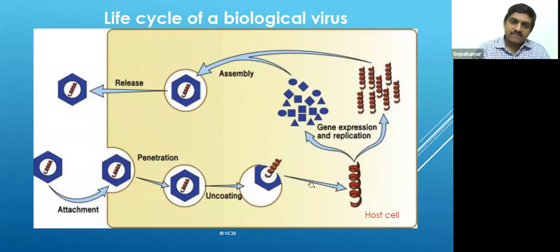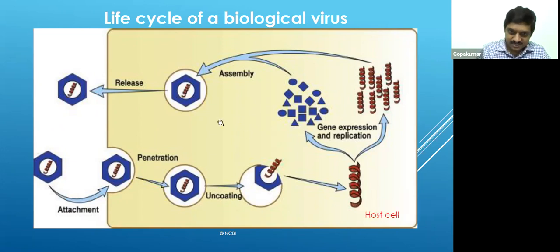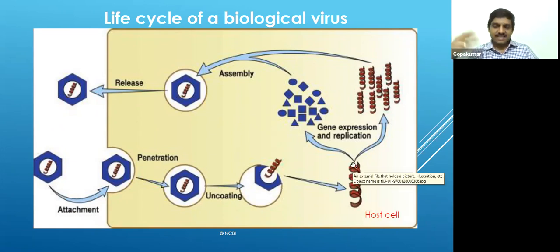So now your viral genome is inside. Sometimes the virus will produce its own proteins from that RNA, or in a DNA virus, it can fuse with our host cell DNA. After that it will start its action, because it has coded for producing a few proteins and other things.